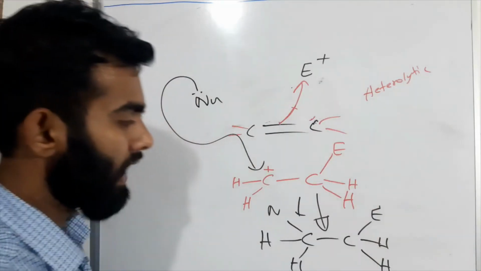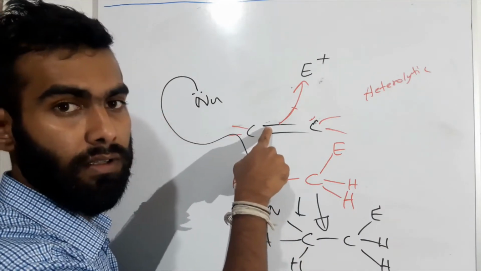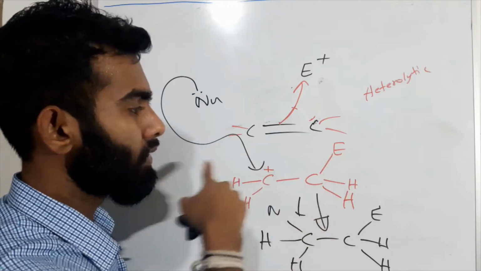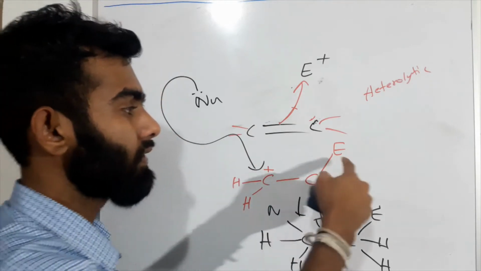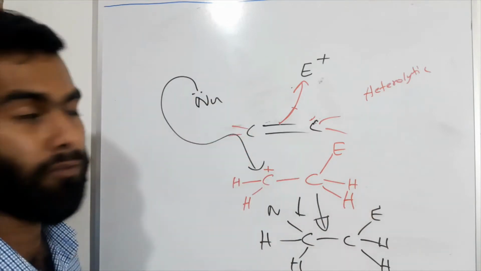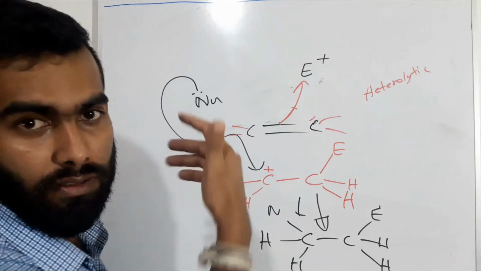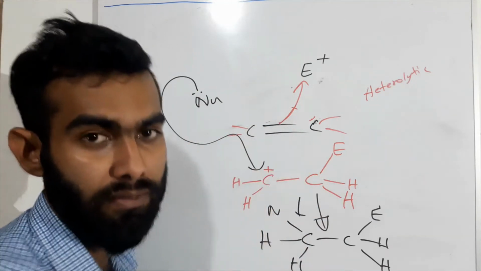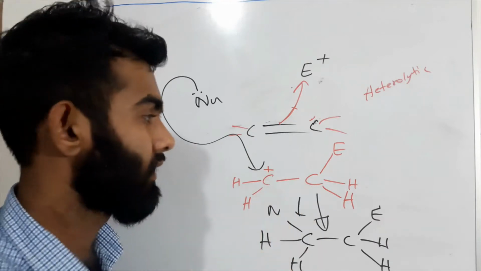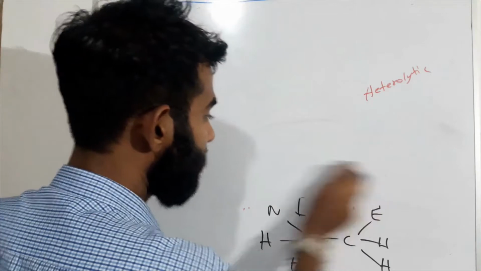So what happened here? Instead of one pi bond, there are two groups attached to both carbons. One was the electrophile and the other was the nucleophile. If there is a triple bond, the same thing can happen. At that time both pi bonds will break and four groups will attach to both carbons. So that is the basic thing in alkenes.